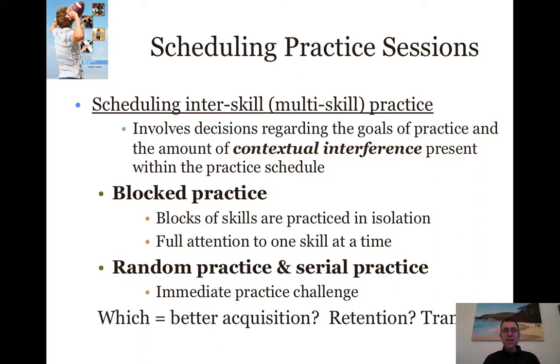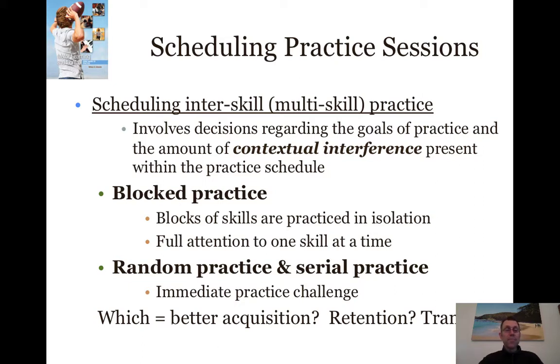And so the scheduling of this type of practice involves decisions regarding the goals of practice, yes, and the amount of contextual interference present within the practice schedule. Contextual interference, we'll define it more on the next slide, is the amount of interference provided by the way in which you practice things.